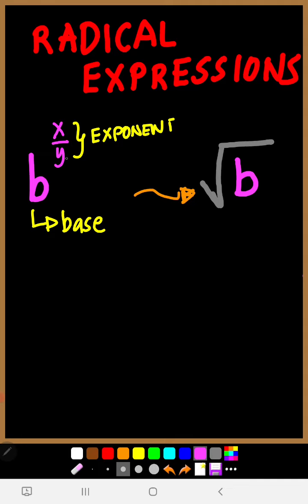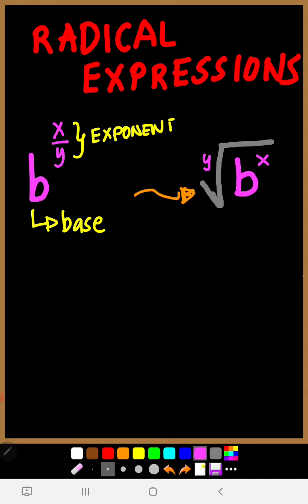So itong y, that will become the index of the radical sign. Yung numerator, yung x, will be the exponent ng radicand.